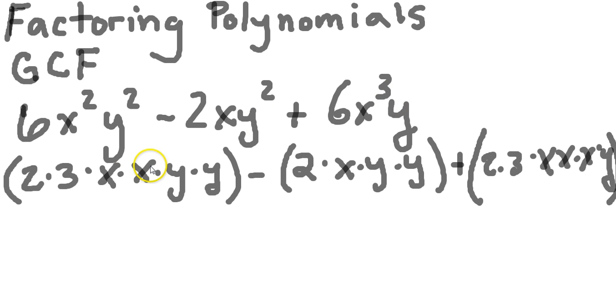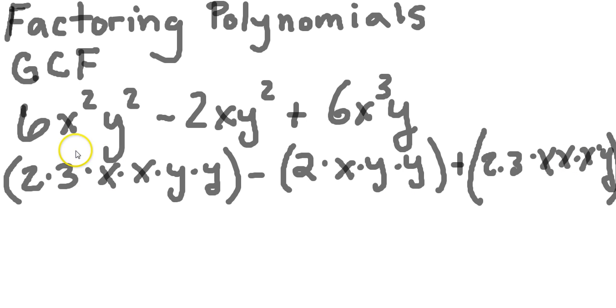We can get 2 times xy out of each one of these because we have 2 x's, 2 y's in our first term, 1 x in our second, 2 y's, and in the third one, we have 3 x's and 1 y. So what we have in common, each one has at least 1 x. Each one has at least 1 y. So that is our common term.